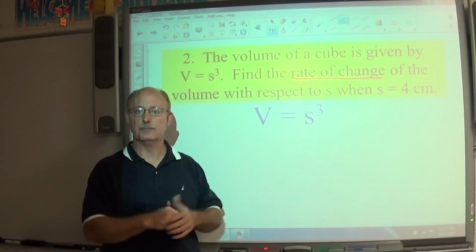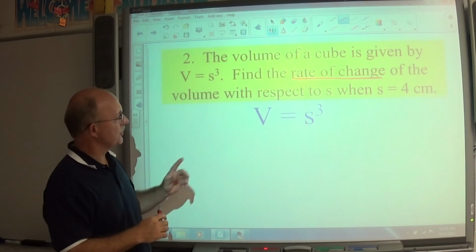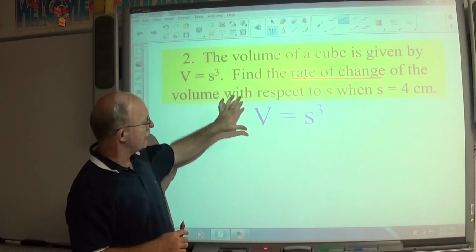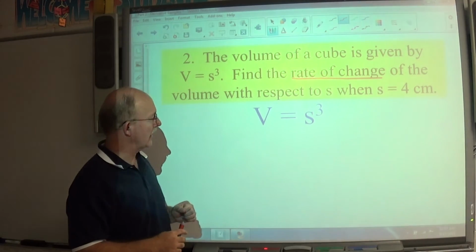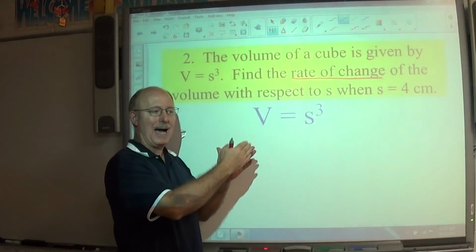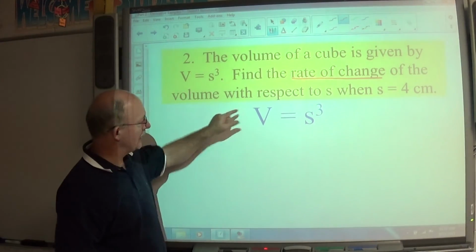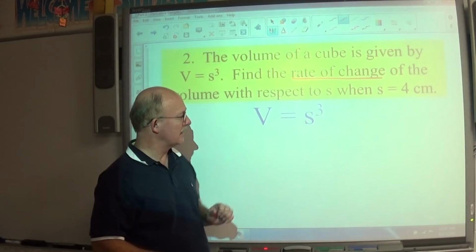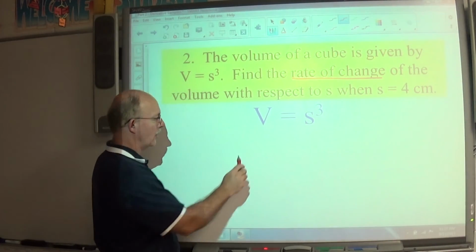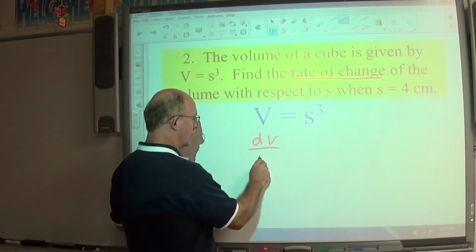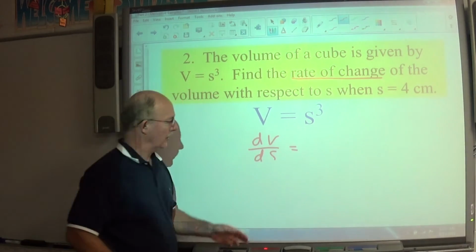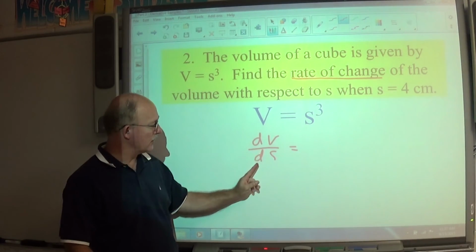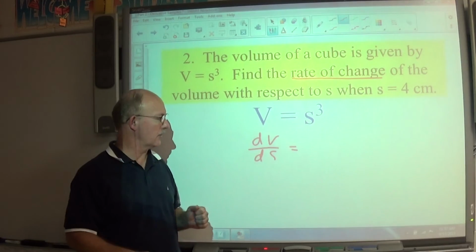So we're talking about the slope again, all right? The rate of change of the volume with respect to s. So instead of the rate of change of y with respect to x, we're going to take the derivative of the volume with respect to s. So as we set this up, this will be dv over ds, the derivative of the volume with respect to the side, equals.